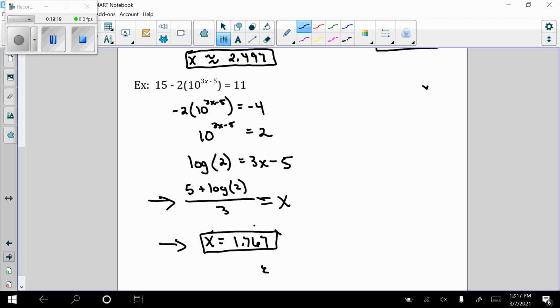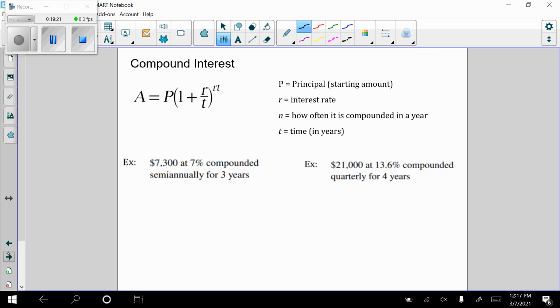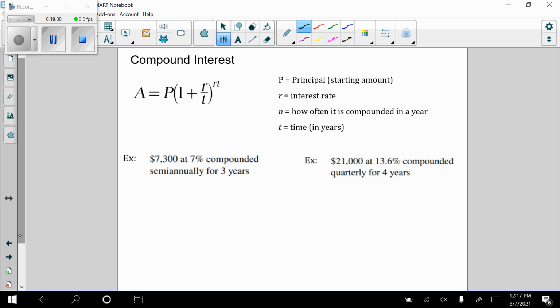Okay, so the last piece of the puzzle today is our compound interest, which is a review as well. So you're going to need to know your formula. All of these things are going to pop up in these activities that I have to do, and then the performance task at the end. You're going to have to know how to do logarithms and exponents and all these good things that we're going to cover. So know your formulas.